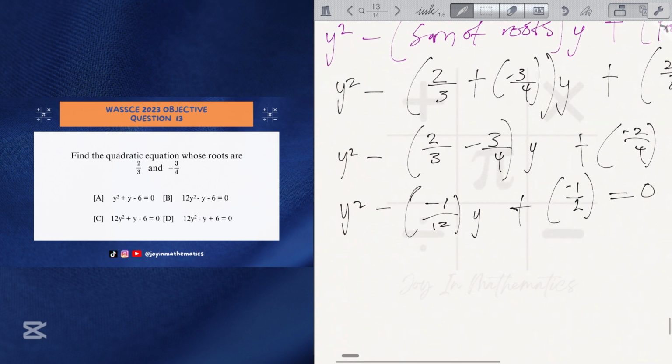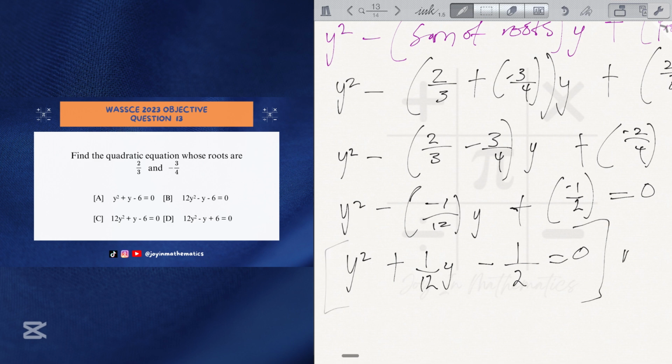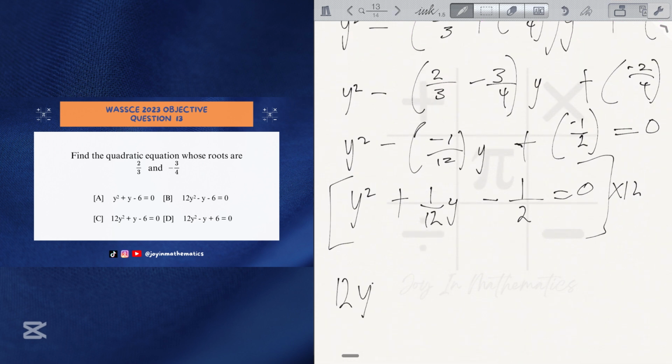With that done, when we open the bracket, we'll have y squared plus 1 over 12 y, and this will give us minus 1 over 2 equal to 0. So we can multiply all through by 12, that's the LCM. Multiplying all through by 12, this will give us 12y squared plus y minus 6 equal to 0. And this is still option C.